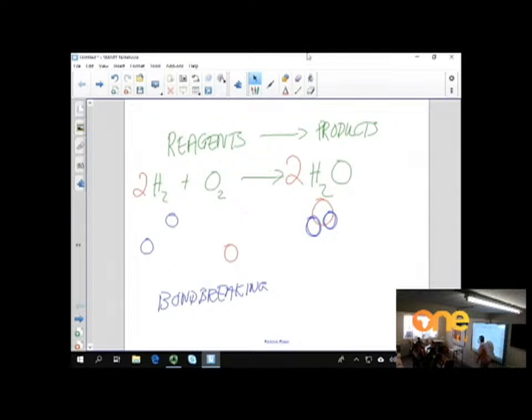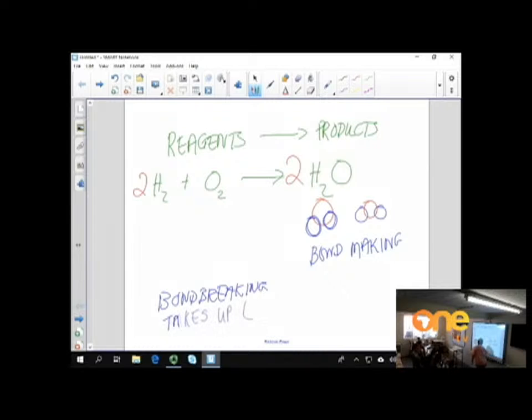And here, this oxygen reacts with those 2 hydrogens. Can you see we get the formation of 2 water molecules? You all follow me. Now, when chemical bonds are made, in other words, bond making, it gives off energy. So this one takes energy, and this one gives off energy. I must calibrate the board.